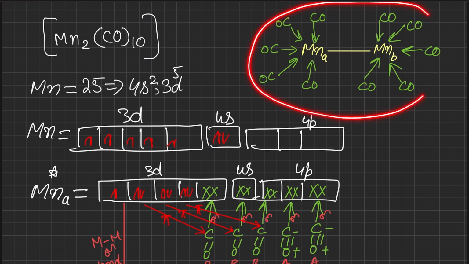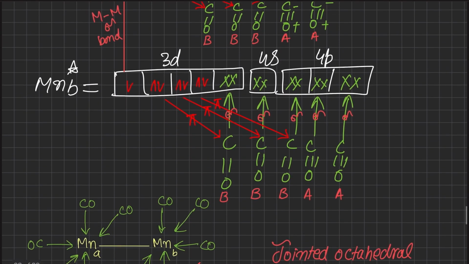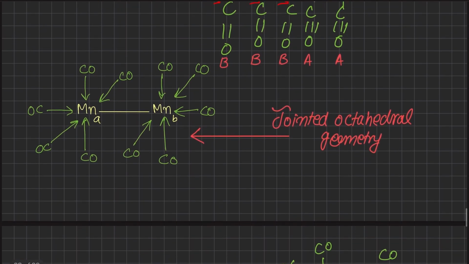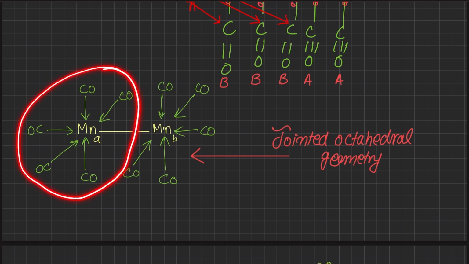Now in this diagram we have not drawn the structure according to the geometry. We just randomly attached 5 carbonyls to one manganese atom, 5 to the other, and both are attached with a sigma bond. But if we arrange them according to particular bond angles, there are actually two octahedral structures.